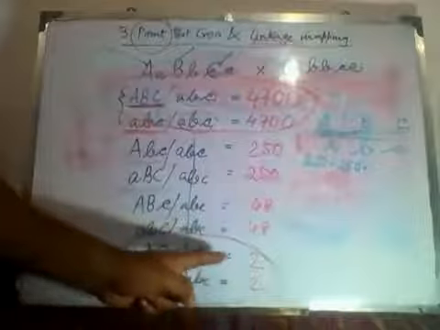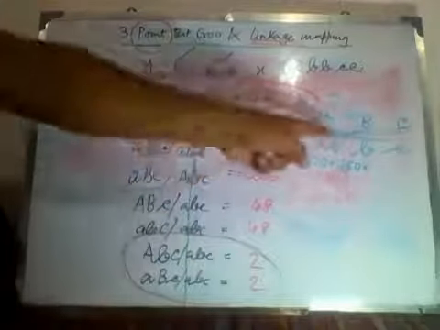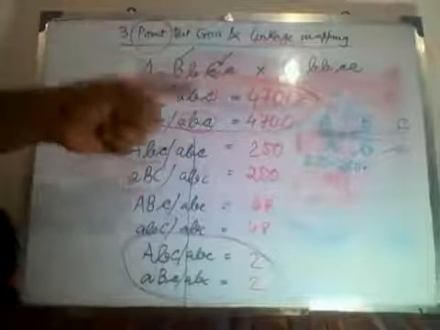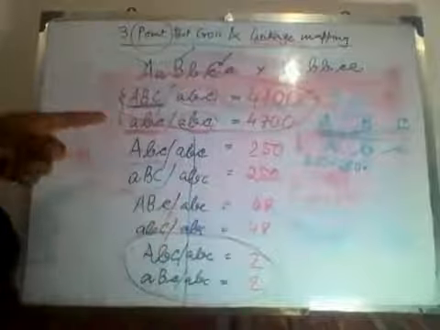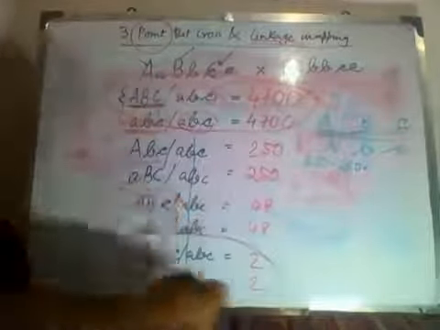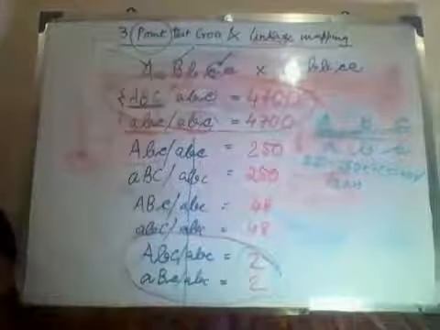When these two gametes have been formed, a recombination has also taken place between A and B. It has taken place between A and B as well as B and C. So when we calculate the distance between A and B, we will have to consider these 2 plus 2, 4 also. 2 plus 2 divided by the total number, 10,000, multiplied by 100. So this is in percent.